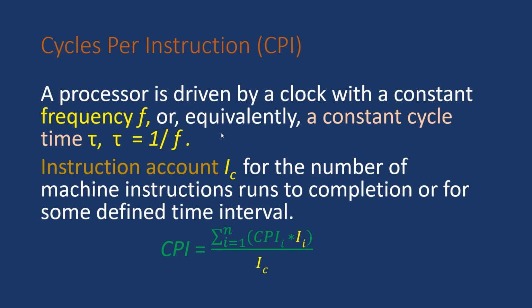Instruction count, capital I subscript c, is the number of machine instructions run to completion or for some defined time interval. This number of instructions is not the number of lines of the program. It's actually the number of machine instructions running in the CPU to complete one particular job.